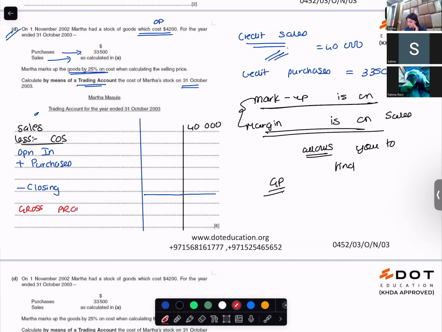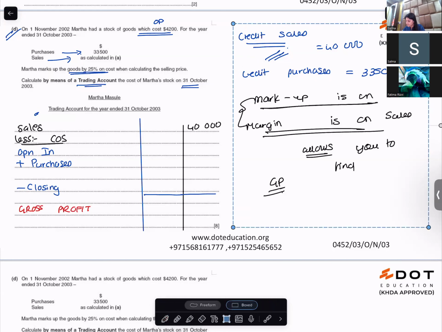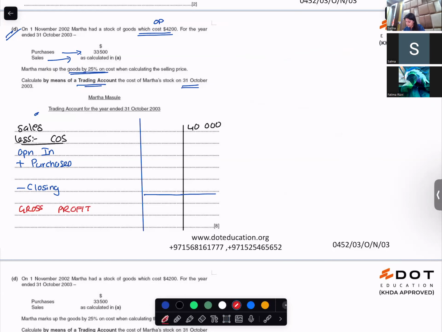You will fill this. Come on. How will you fill it? So opening inventory is 4,200. Purchases is 33,500. So that's 37,700. Minus closing inventory.